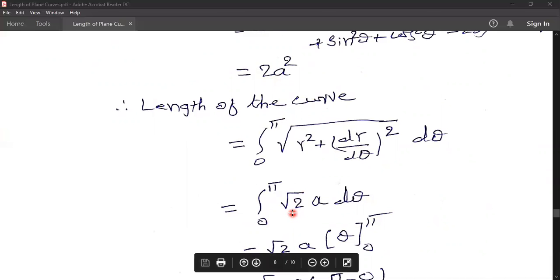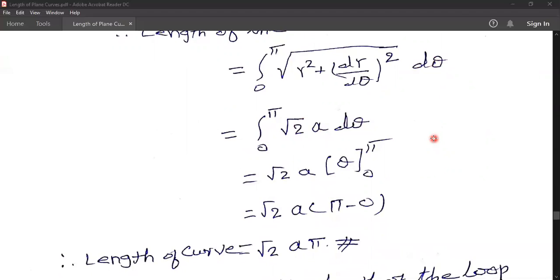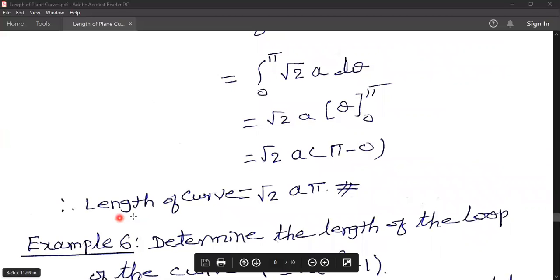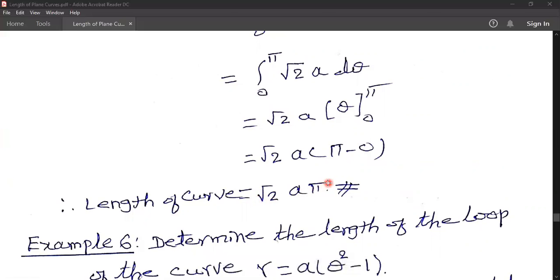Root of this value becomes root 2, square root of a square becomes a, and then you are having d theta. Then integral d theta is theta between the limits 0 to pi. Therefore, you get root 2 a, this is pi minus 0. Therefore, the length of the curve, which is in the polar form, is equal to root 2 a into pi.